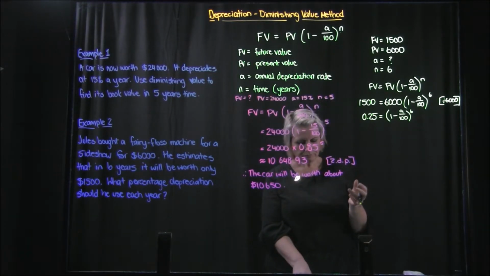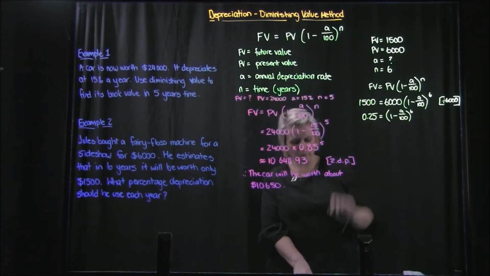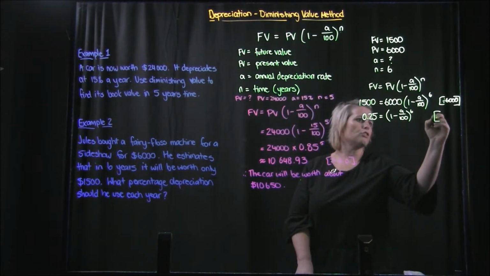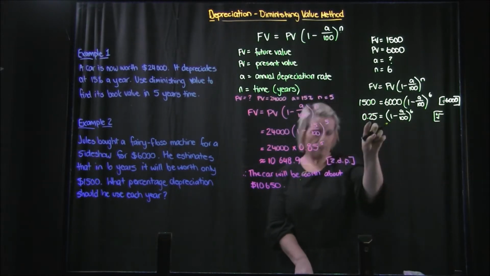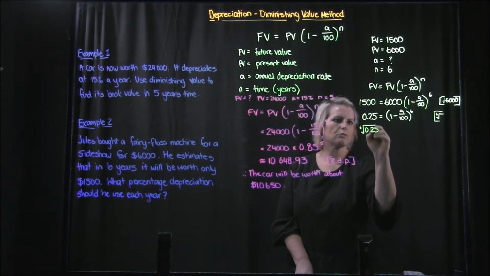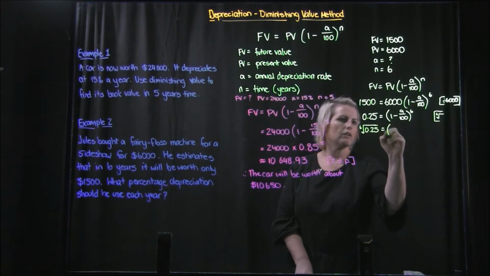From there, what I need to do is get rid of this. Now, in order to find that, I need to take the 6th root of this number. So I'll actually write that one in for you. So I have to actually do the 6th root of 0.25.